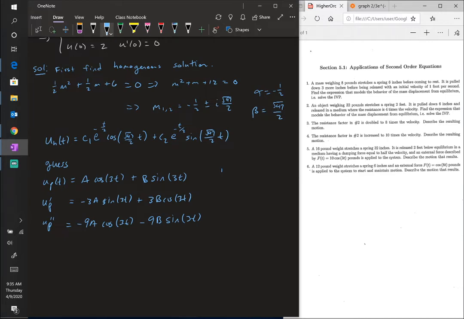And this is all to do the method of undetermined coefficients.